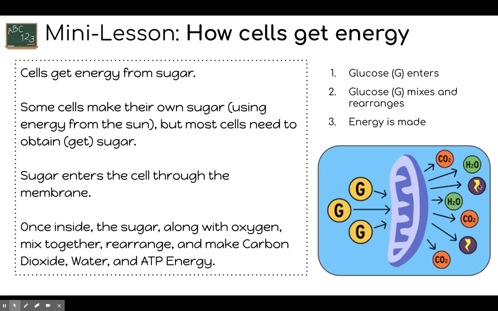And out come these new molecules. Again, not created from new material. It's just the glucose and oxygen, like those 100 Legos, that are broken apart and rearranged to make new things. Carbon dioxide, water, and this special molecule called ATP, which holds the energy for the cell.